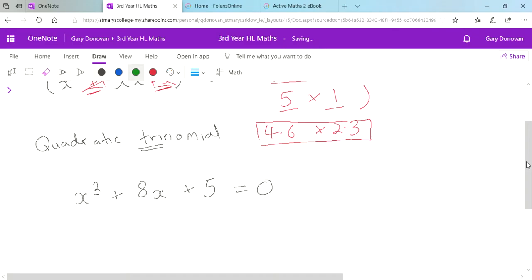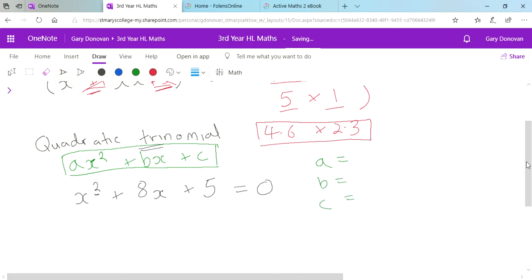And all quadratic trinomials are in the form ax squared plus bx plus c. So the first thing you do when you approach these questions using the formula is you look at the normal format for a quadratic trinomial, which is this, and you compare it to the equation you're given in the question. And you identify what's a, what's b, and what's c.